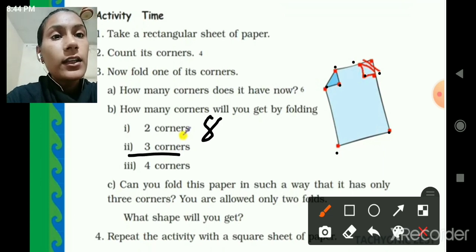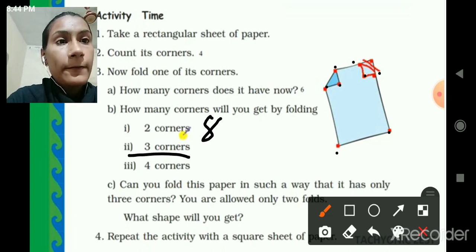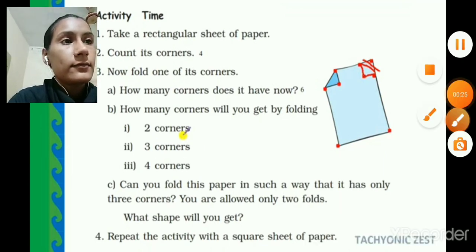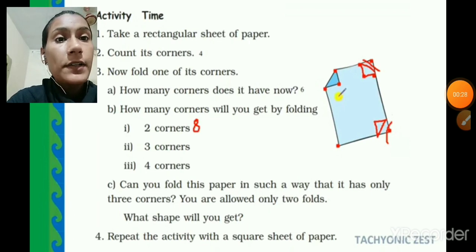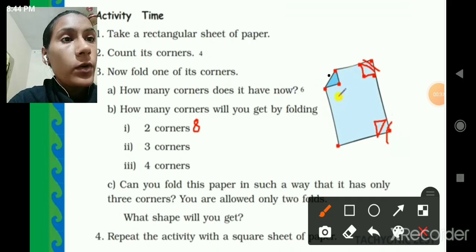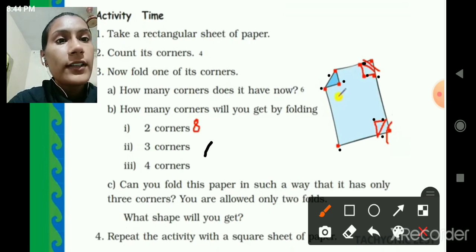Then 3 corners. If we fold 3 corners, how many corners will you get? Let's count: 1, 2, 3, 4, 5, 6, 7, 8, 9, 10. So you will get 10 corners.